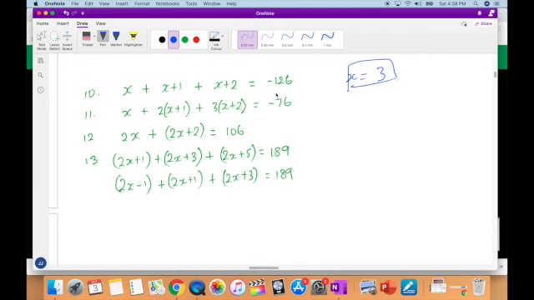I want the consecutive numbers. So if x is 3, then the next one will be 3 plus 1, which is 4, and the next one will be 3 plus 2, which is 5. And that is your answer. The 3 consecutive numbers is what I want. So you understand what to do, Caitlin?